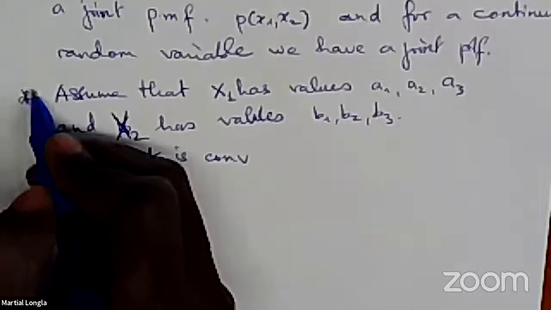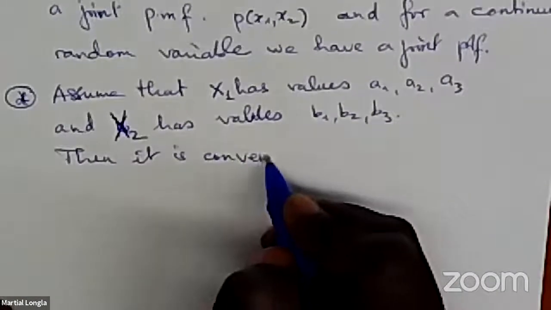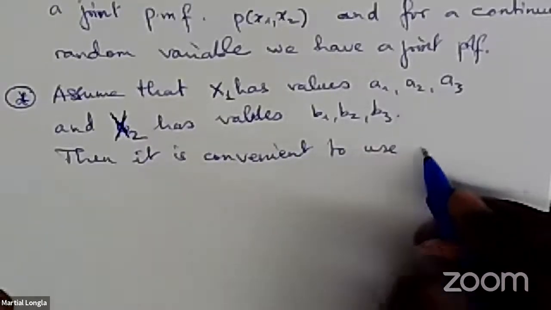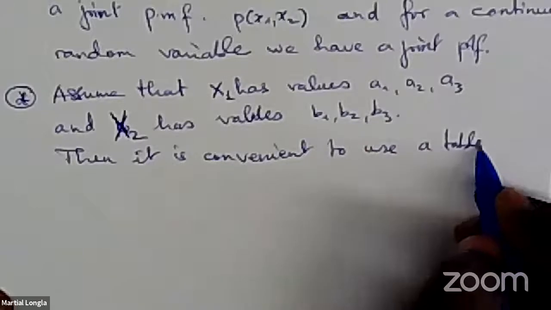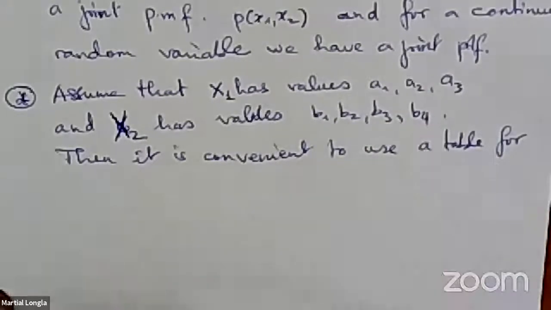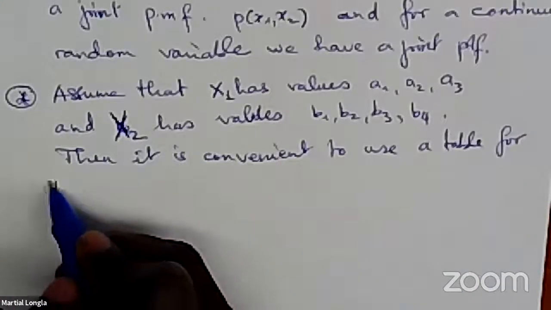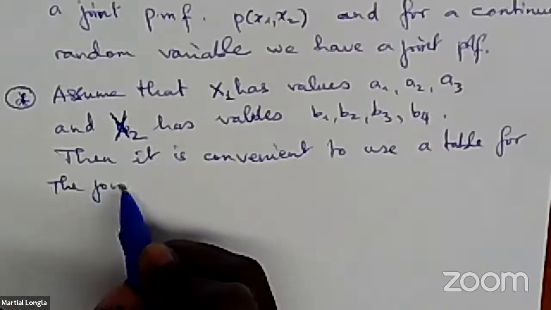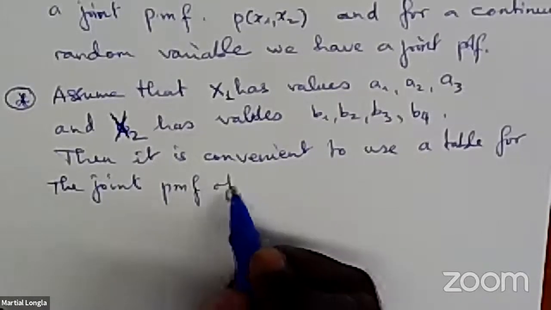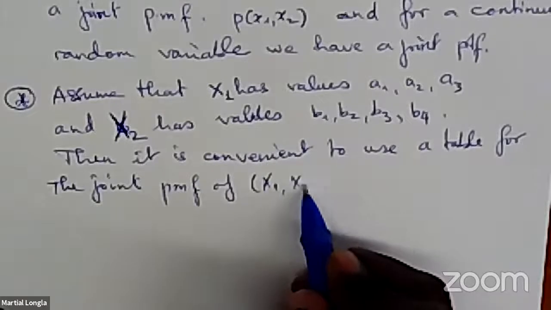That's a discrete random variable. To use the table, not to think that they are always the same, for the joint PMF of X1, X2.